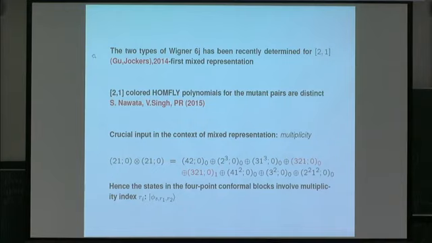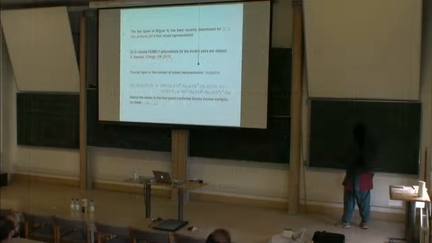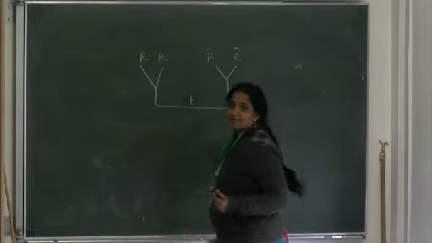So once we have this, we put in a multiplicity index R_i. So whenever we draw this 4-point conformal block, so this is R bar, and typically I have a T here.